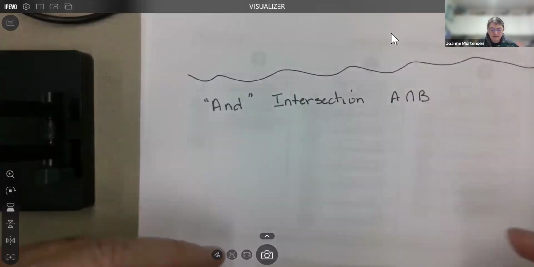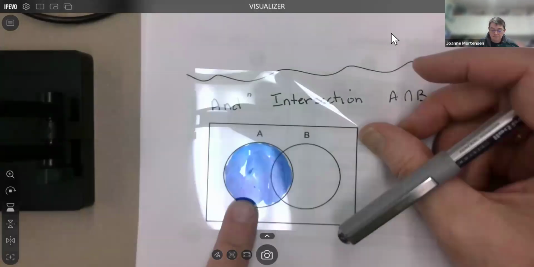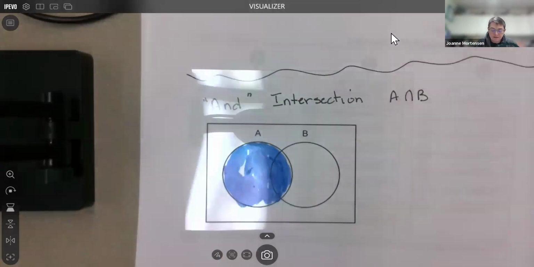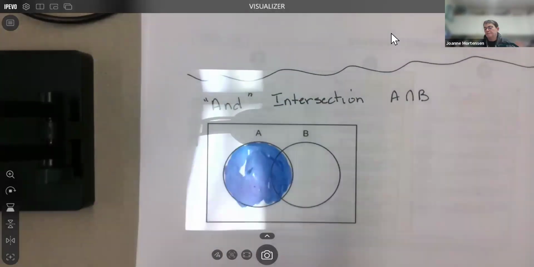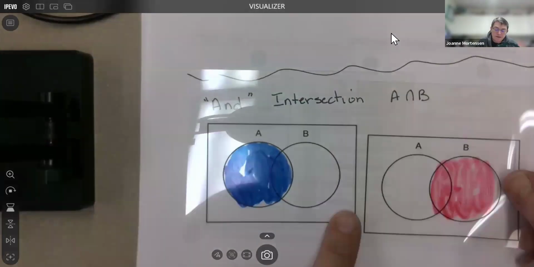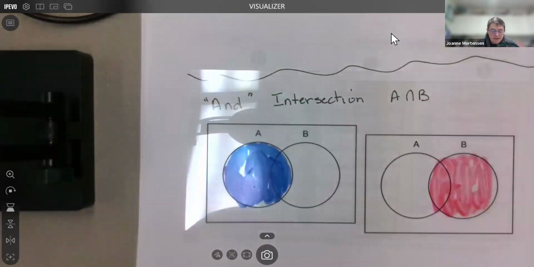Okay. So there's my A again. And there's, hold on. There's my B. So intersection means it has to be colored in the A picture and the B picture.